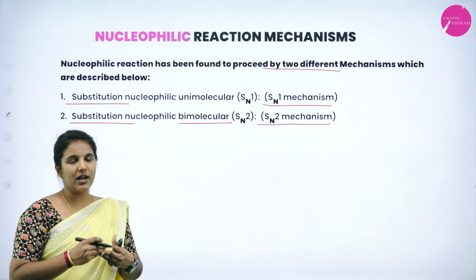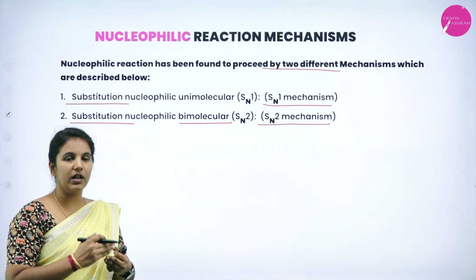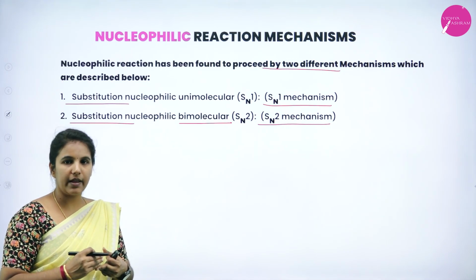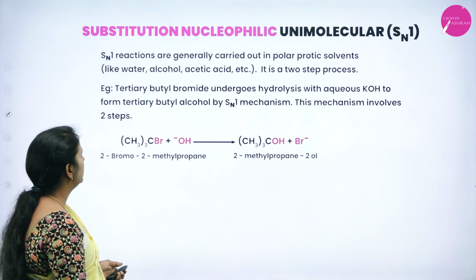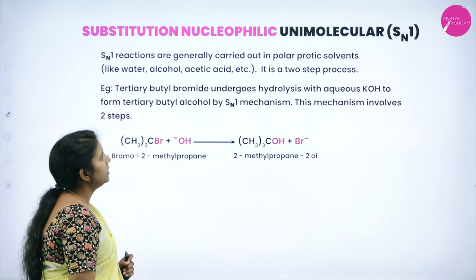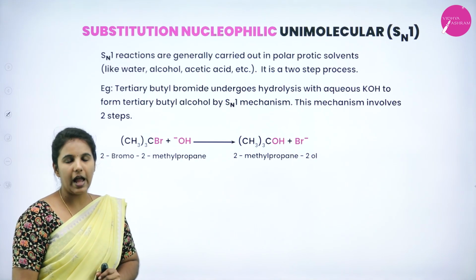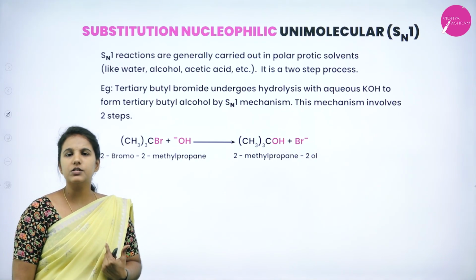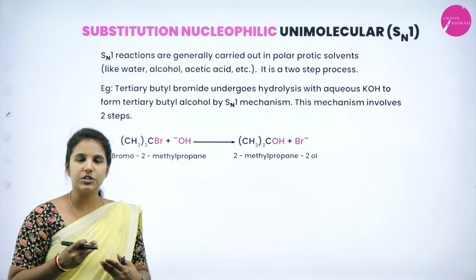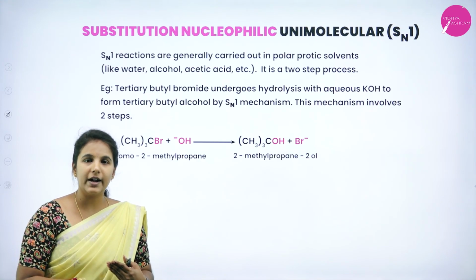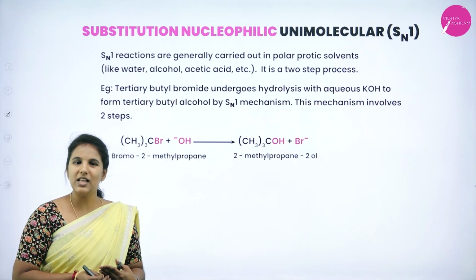First we will understand what is the SN1 or first order nucleophilic substitution reaction mechanism, the substitution nucleophilic unimolecular reaction. Already we have understood what a nucleophile is. Nucleophiles are the species which are able to attract towards the positively charged center.